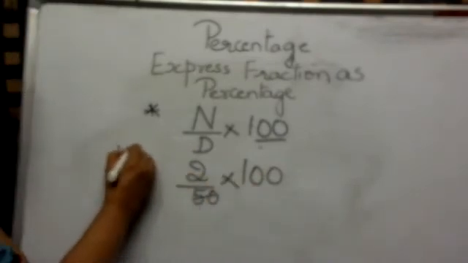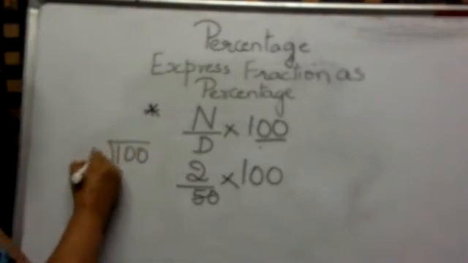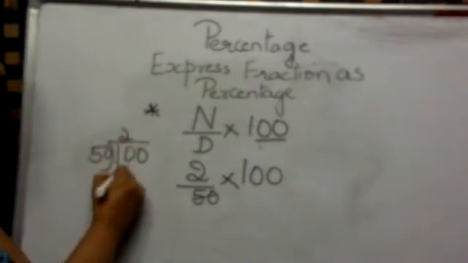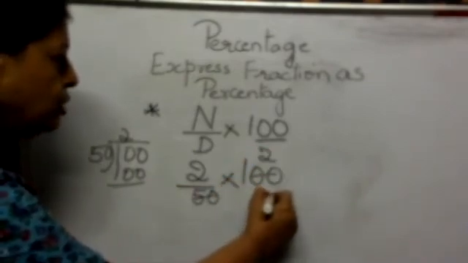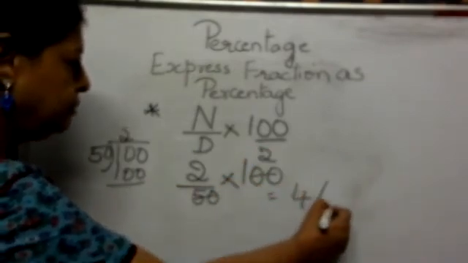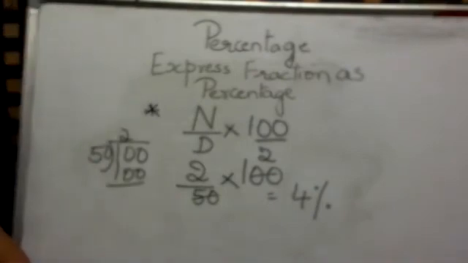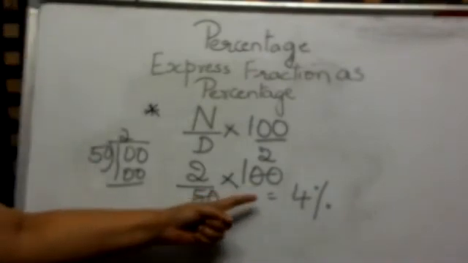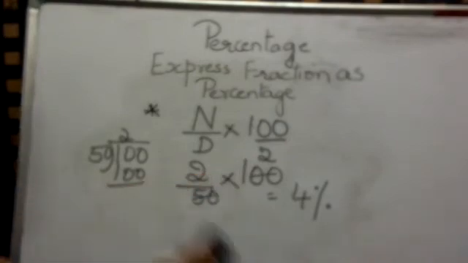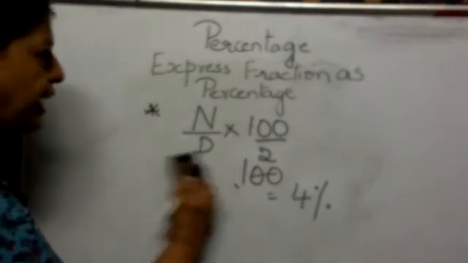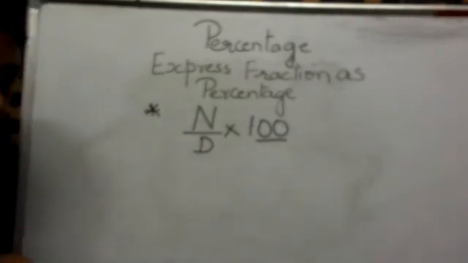So 100 divided by 50: 2 fifties are 100. Then 2 twos are 4%. Understood, children? When 100 is divided by 50, you get 2, and 2 twos are 4. So that is how a fraction is expressed as a percentage.